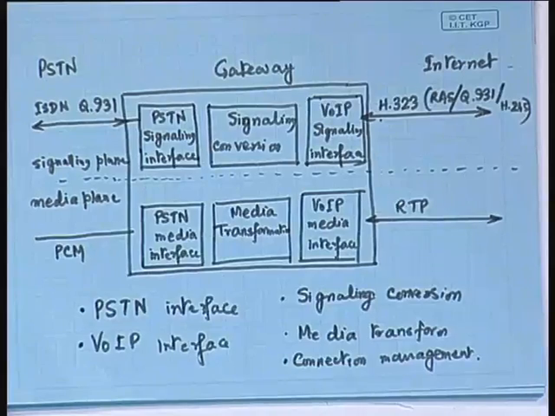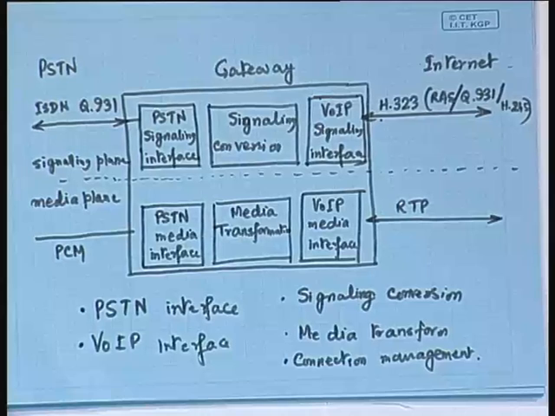That is not a big computational burden, but media transformation is definitely a very big computational burden, because it is a full duplex computation that we are attempting. So, this form of transcoding has to take place simultaneously from the PSTN end to the internet end, and from the internet end to the PSTN end, and that is why there should be some architectural breakup.